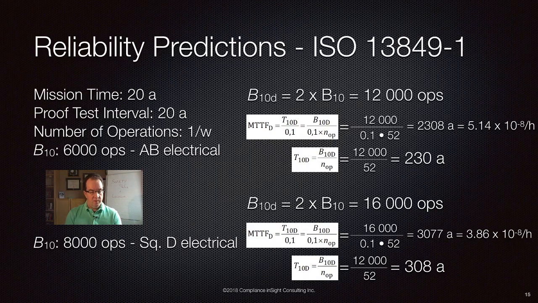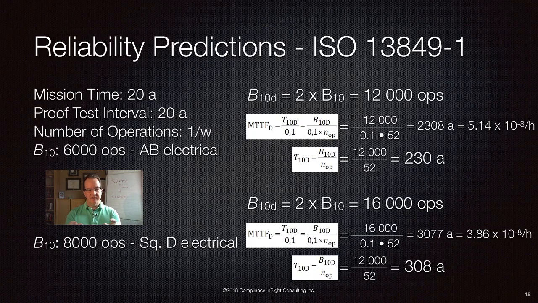Next thing we need to know is how long or how many operations we can assume from a switch like this between failures. Okay, so unfortunately, neither Allen Bradley nor Square D provide us with what's called B10D, which is the number of operations of the device before 10% of the units in a family, in a group of those switches, fails to danger.